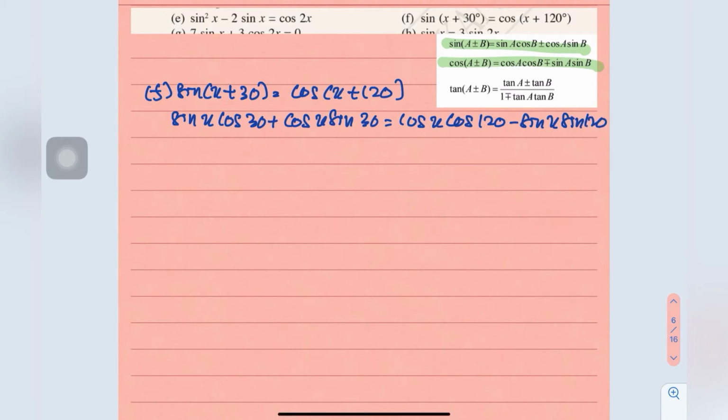Cos 30 is a special angle, √3/2, so √3/2 sin x. Sin 30 is 1/2, so 1/2 cos x.